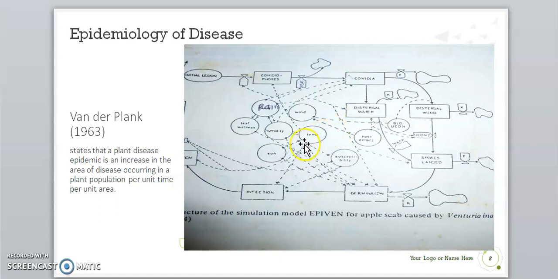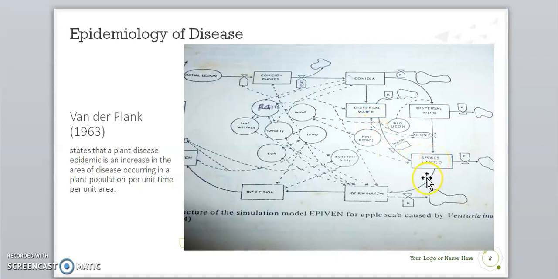picture, you can see this is the scab of Venturia inaequalis on what we say grape. So the initialization, after initialization, there is conidiospore time. They produce conidia, and then the conidia will be dispersed by water or by wind, and after that the spore will land.